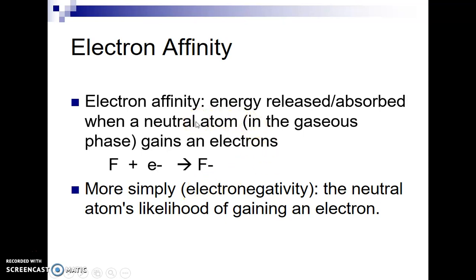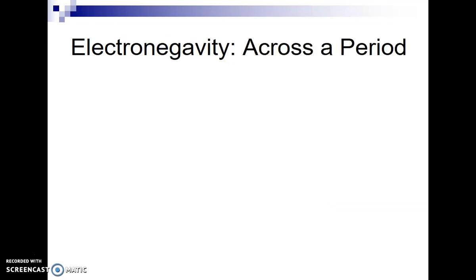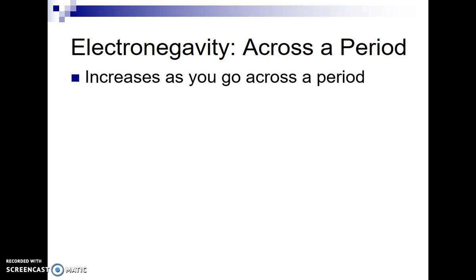Now, we're about to see that the trends for electronegativity and ionization energy are the reverse of the atomic radius trend. But let's look at them. If we're looking at electronegativity across a period, as you go across a period, the electronegativity increases. And remember, as you go across a period, there are always more protons in the nucleus.